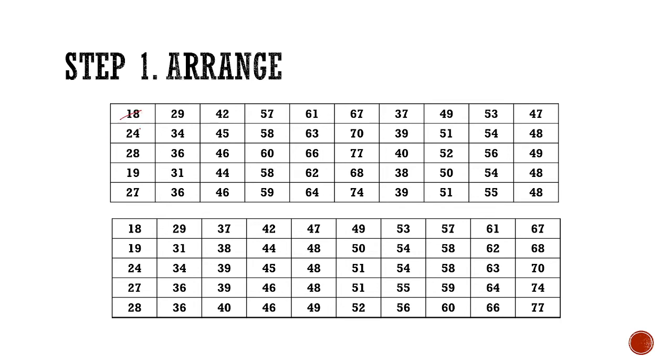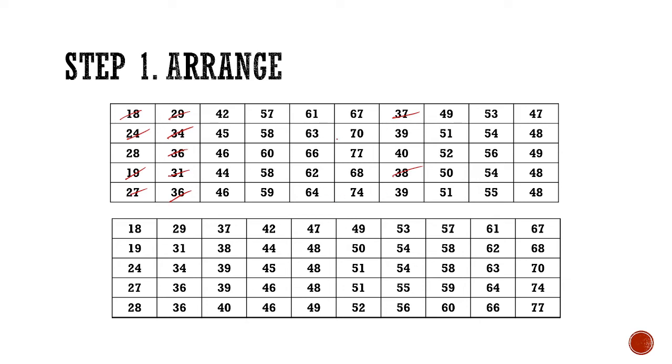So I have here 18, and 19, then 24, then 27, 28, 29, 31, 31, 34, 36, 36, where's 37? 37, 38. So you can actually just pause the video and check it yourself kung gusto nyo.